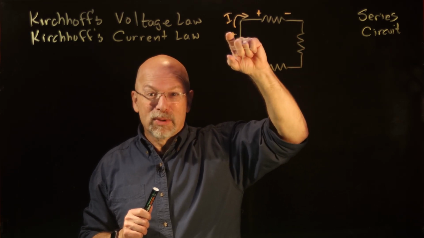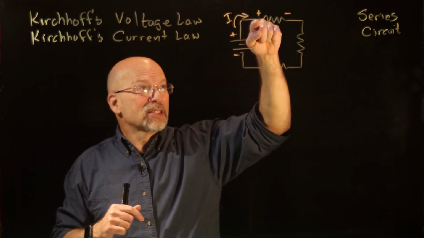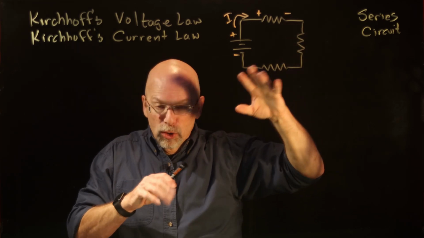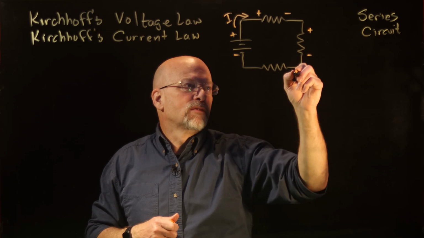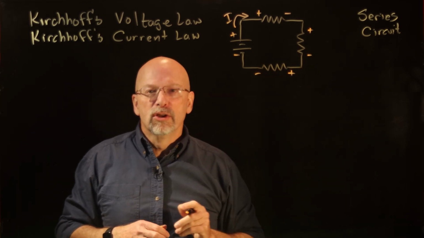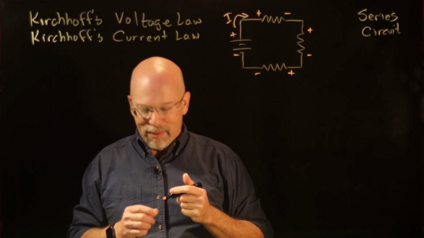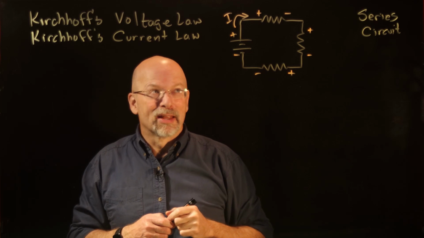I have all this potential energy, I'm high up, but as I'm going down, I'm losing some of that potential. Each time I go through one of these resistors, I lose a little bit of potential until I've gotten back to exactly the same zero reference on the negative side of the battery.